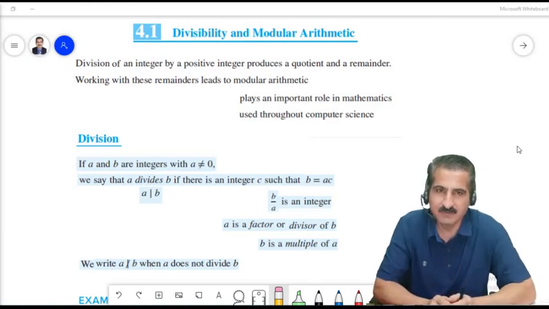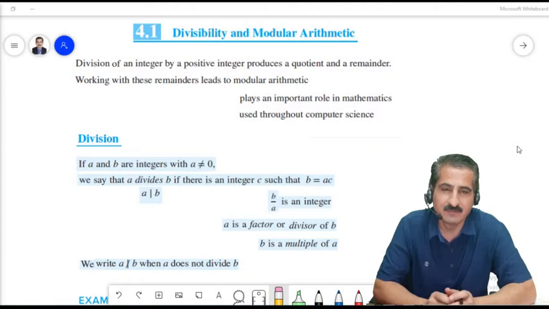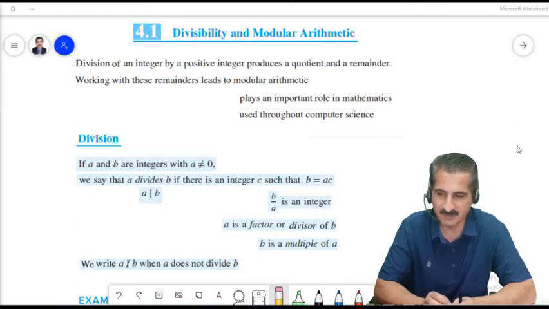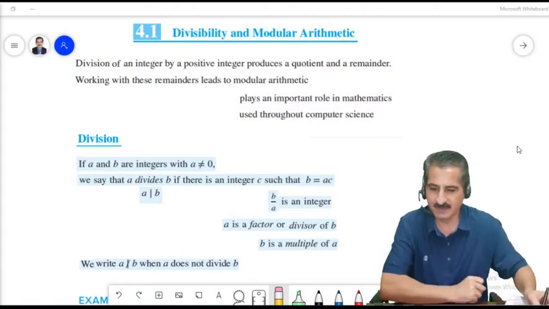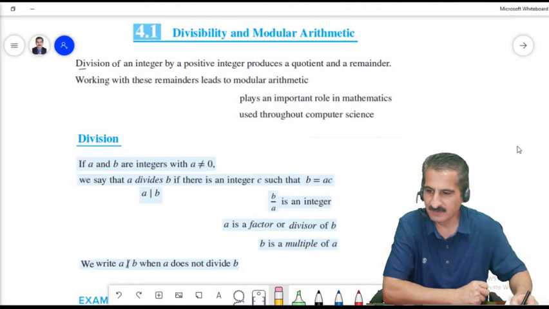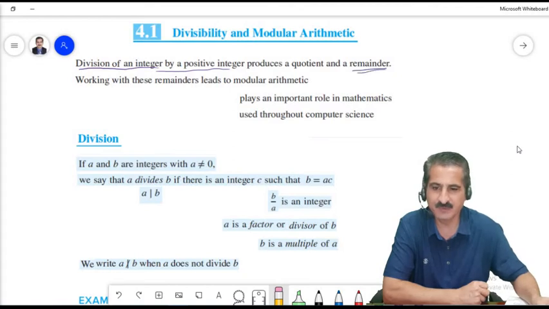Divisibility and modular arithmetic. Modular arithmetic has a lot of applications in computer science and in mathematics. It is a very simple concept, but it is also a very important concept. The whole idea depends on a division of an integer by another positive integer, and then we care about the remainder.